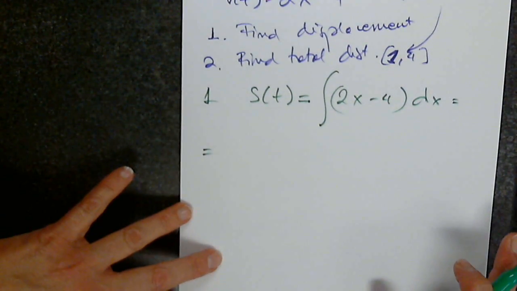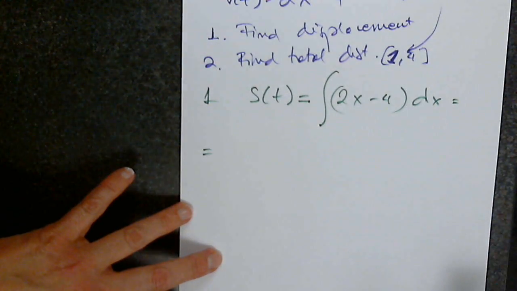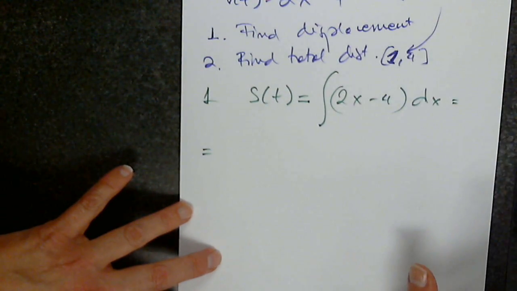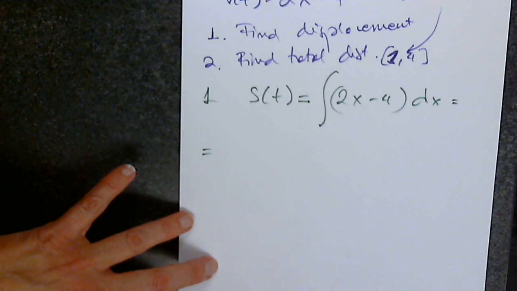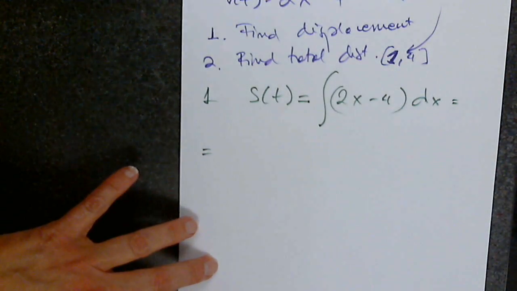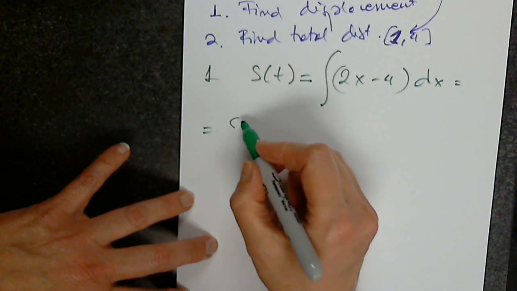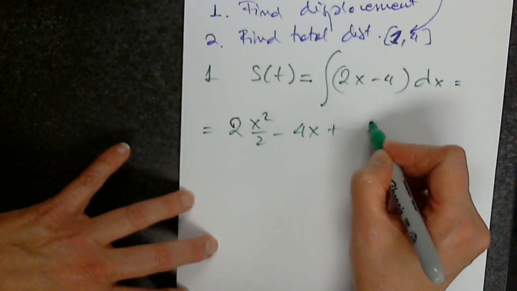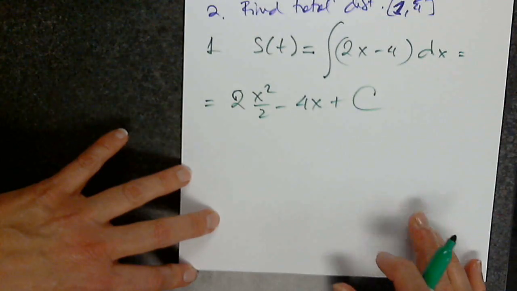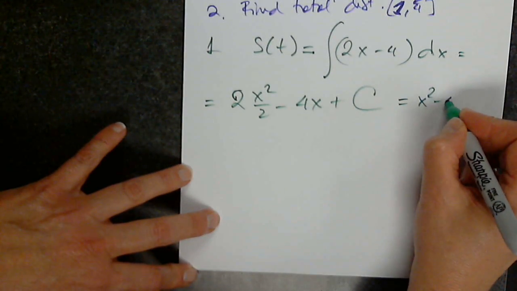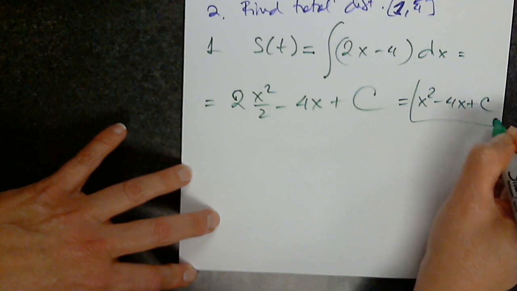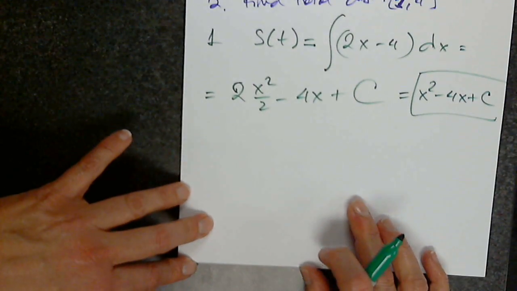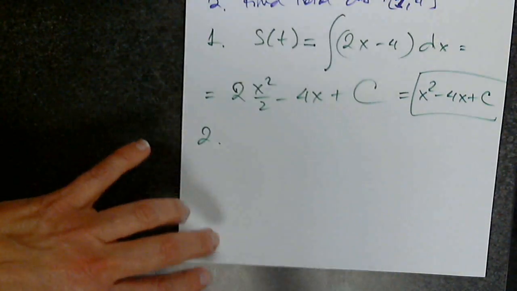We're not talking about the definite integral, and it's not a number. It's the displacement, which is the function, the antiderivative of v. Excellent. So then this is 2x squared over 2 minus 4x plus a constant c, which turns out to be x squared minus 4x plus a constant c. Done.